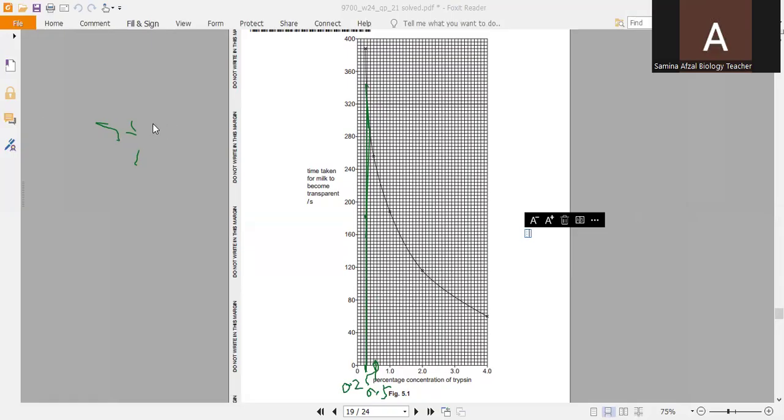The second line will be drawn at 0.5. I'm drawing on screen, so this is the reason the line is not very proper, but you will draw it with the help of a scale.